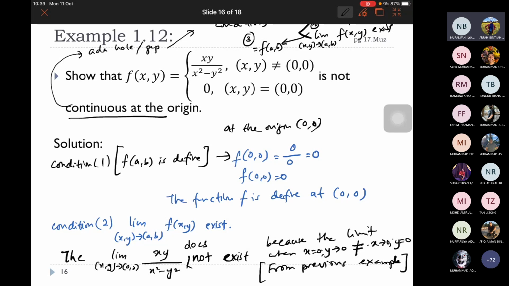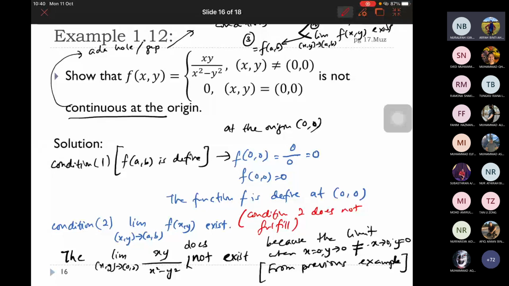Sebab ada satu condition yang tidak dipenuhi. Saya dah tulis, tak buat pula dulu. Okay. So, condition 2 does not fulfill. So, boleh salin dulu sebelum kita tengok condition 3. Tapi kalau condition 3 dia fulfill pun tak continuous lah sebab ada condition 2 yang tidak dipenuhi.